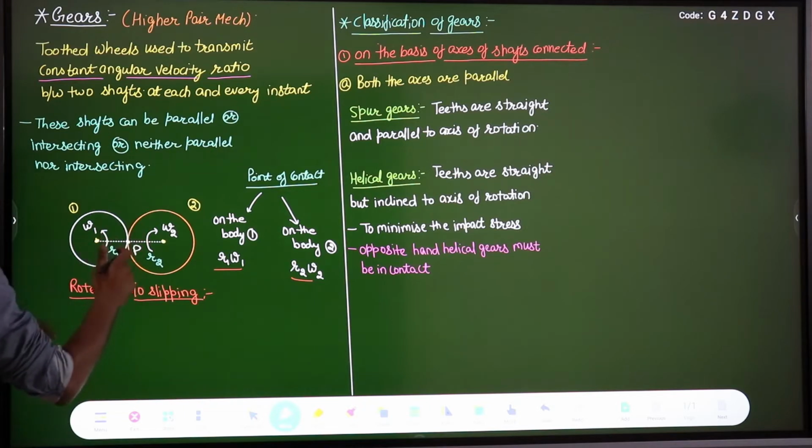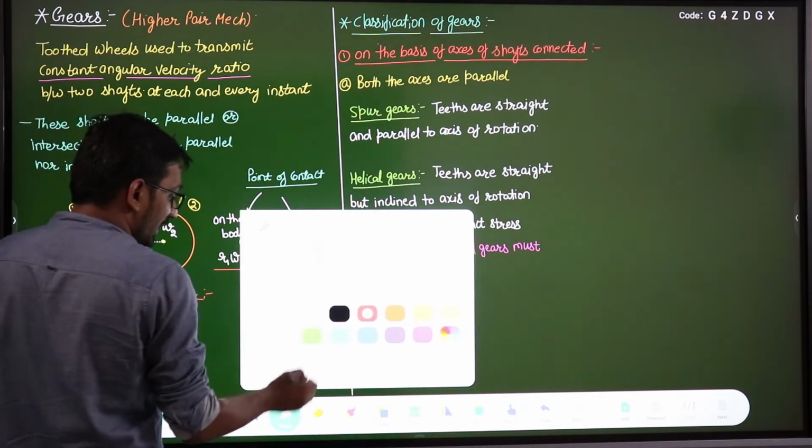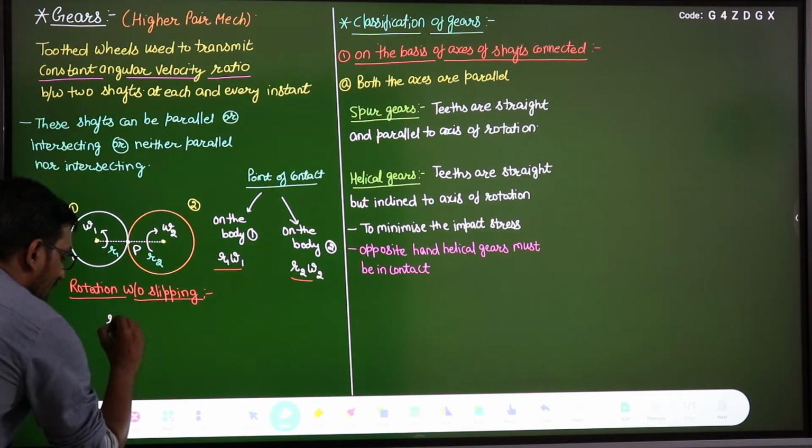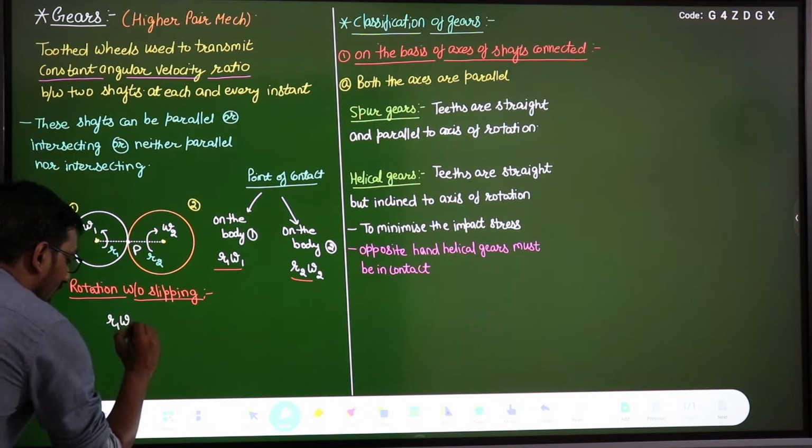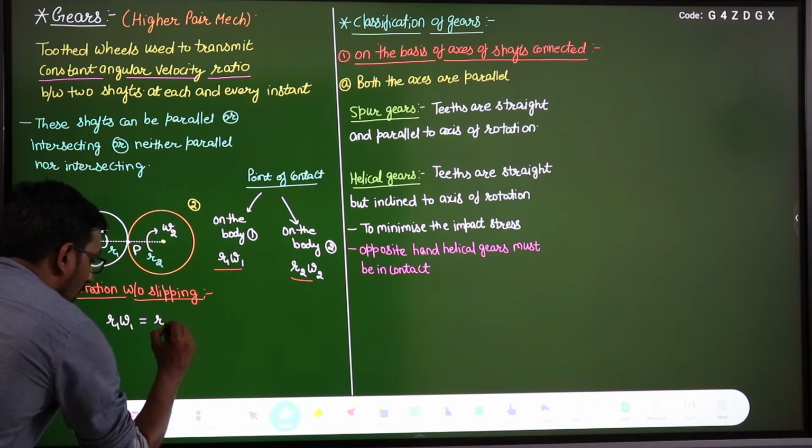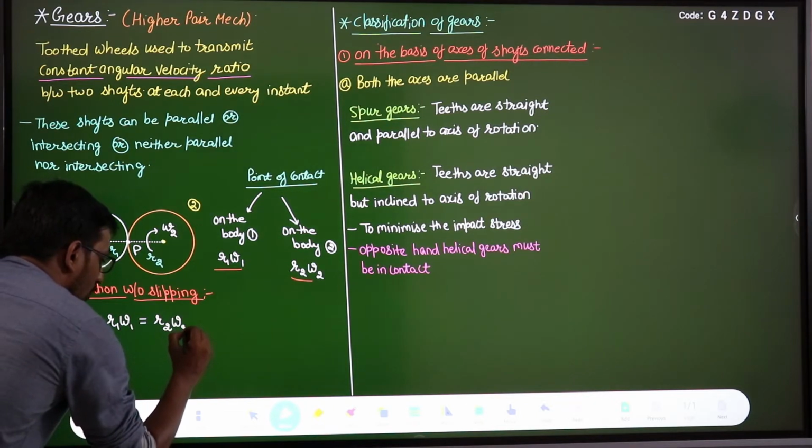Obviously, if there is no slip, this is the same point, so the velocity of point P will be the same. So in this case, R1 omega 1 will be equal to R2 omega 2.